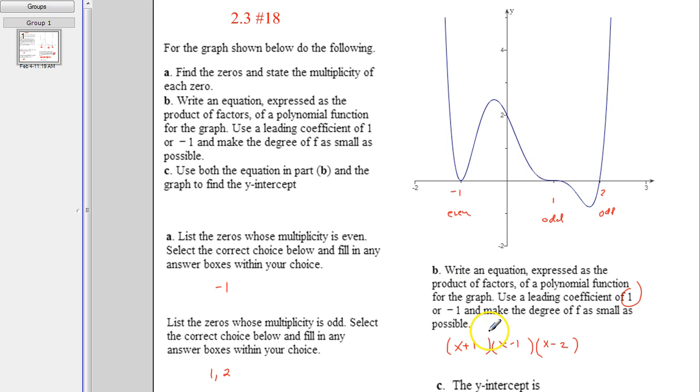But since we're being asked to make the degree as small as possible, we'll say that -1 is what makes this 0, and it's even degree, so that's a power of 2. Remember, the multiplicities are the exponents on these factors. Now the other two are odd degree. If you notice, when we cross here, we just go straight across. We don't slow down and then go across.